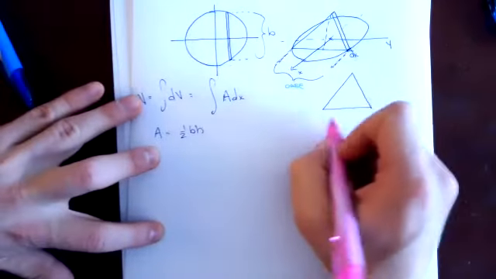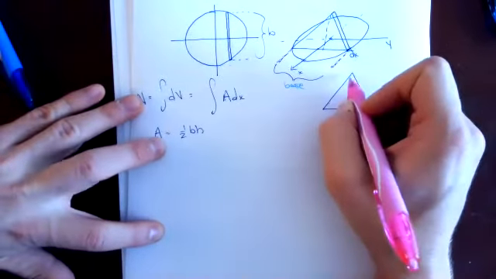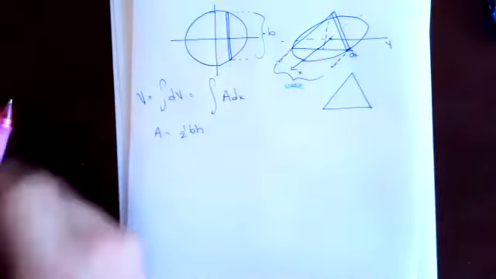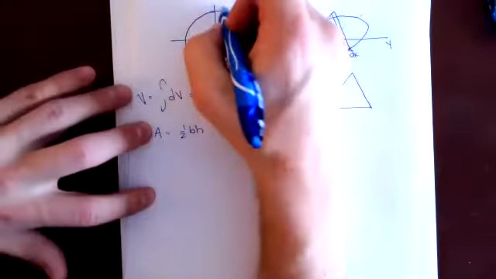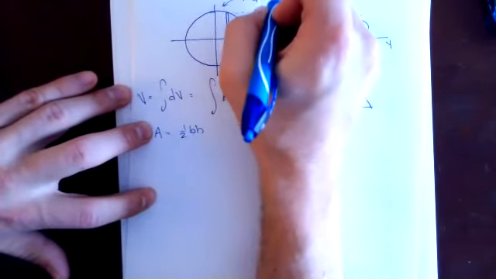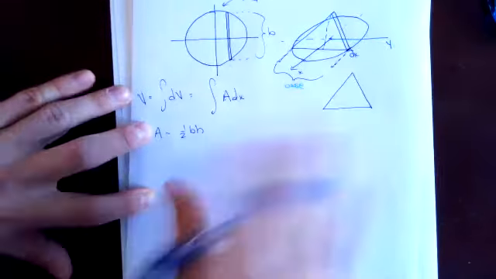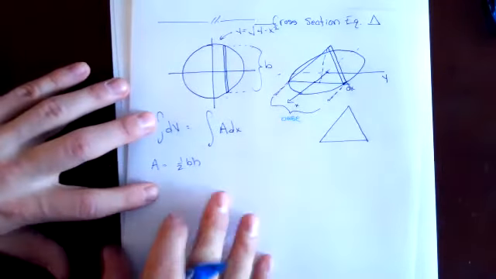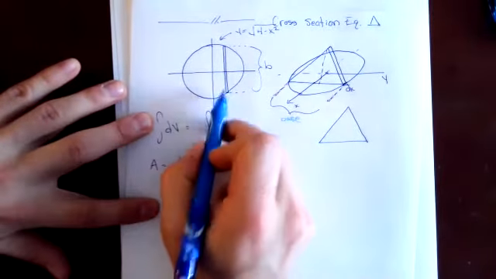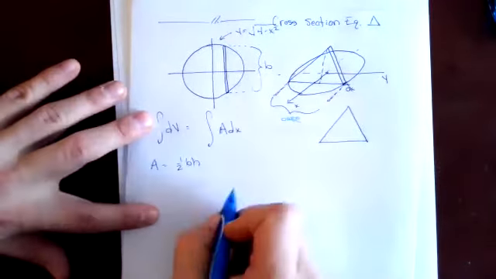And so what is the base? It's essentially twice the y. We do have the same curve, y equals the square root of 4 minus x squared, and the bottom one is, of course, the negative square root of 4 minus x squared.